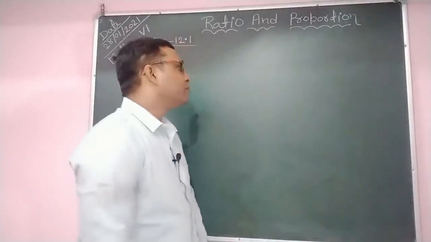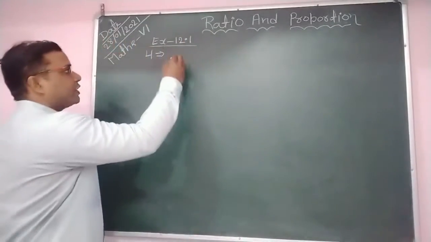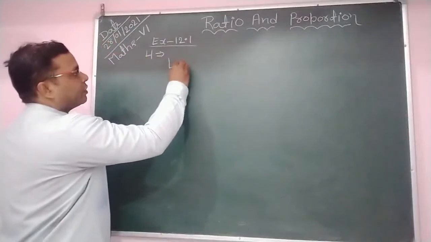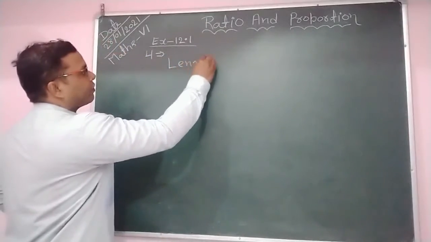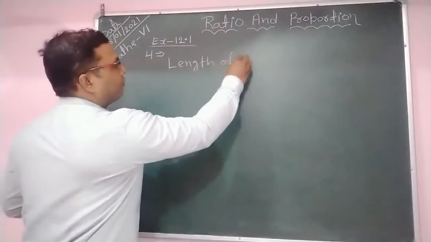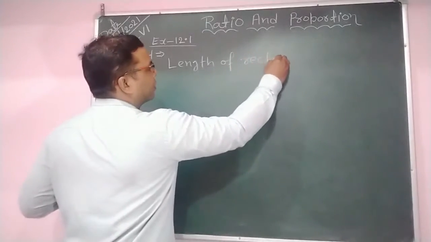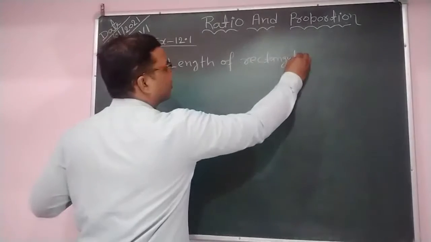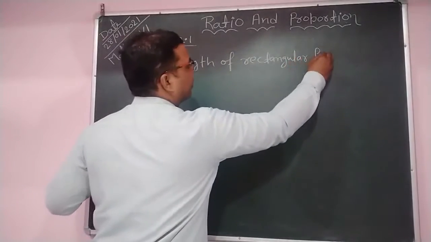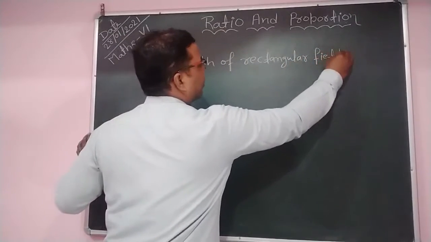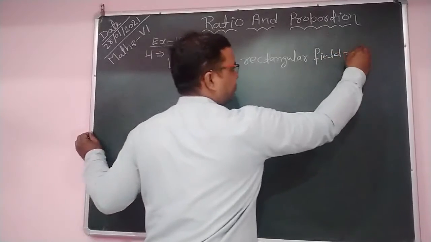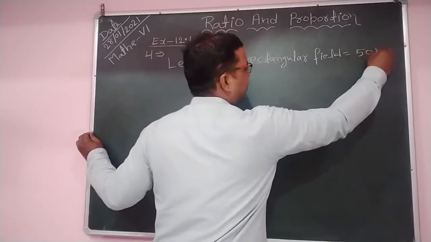So students, first we write here the length of the rectangular field is given here, 50 meters. This is clear.